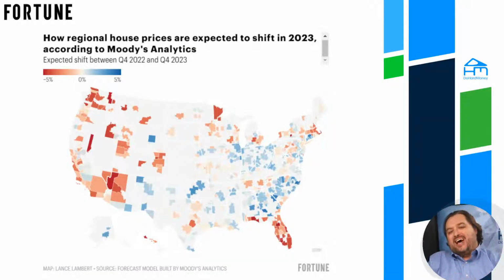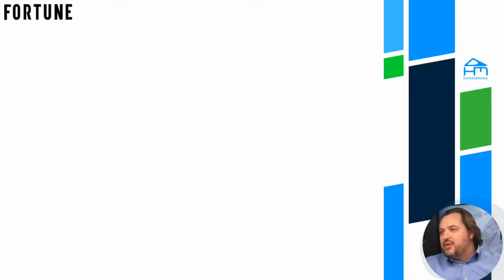Moody's has done some forecasting to say, what do we think is going to happen in 2023 and 2024? You can see here it's not drastic. They're not saying a 20% decrease, but somewhere between a 5% increase and a 5% decrease.